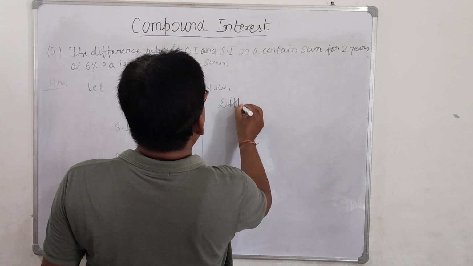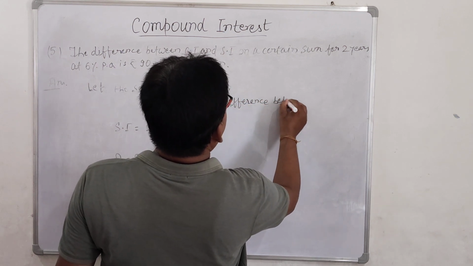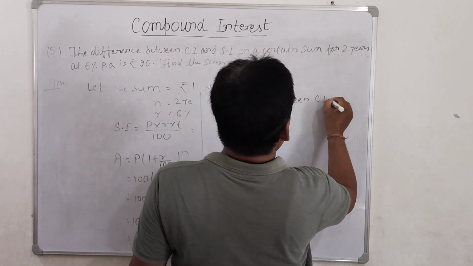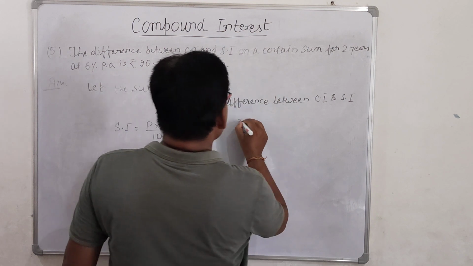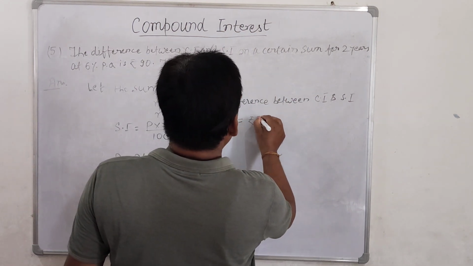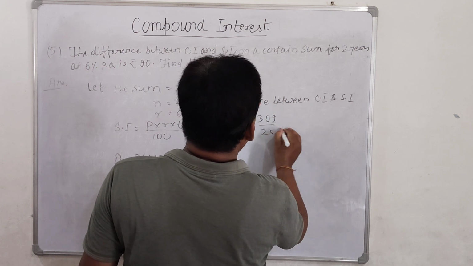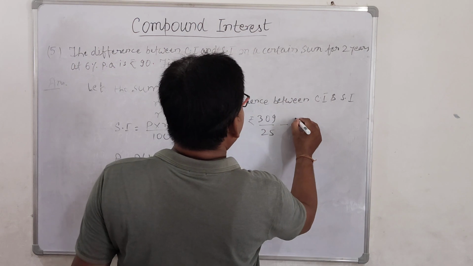Difference between CI and SI. So CI is rupees 309 upon 25 minus the SI, rupees 12.